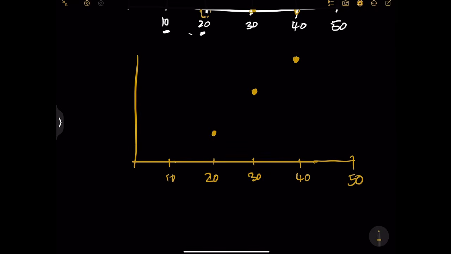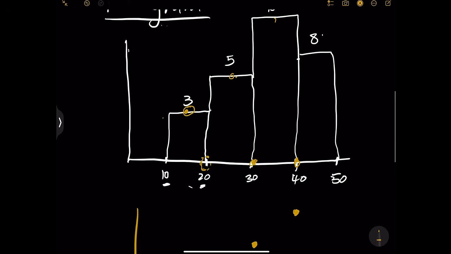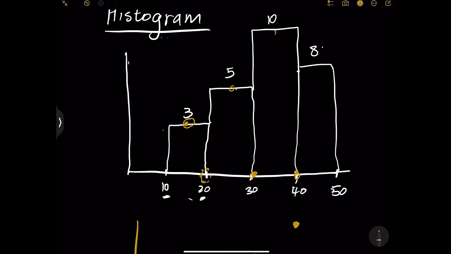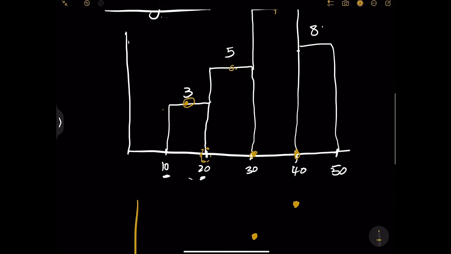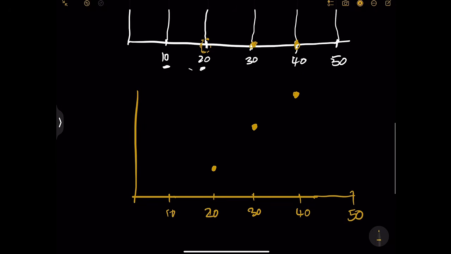So that is how we draw our Ogive, isn't it? Okay, and of course, for the last one at 50, we'd say, that 18 plus 8, in this case, that would give us 26. So what we would do there is that we know that at 50, our value is 26.